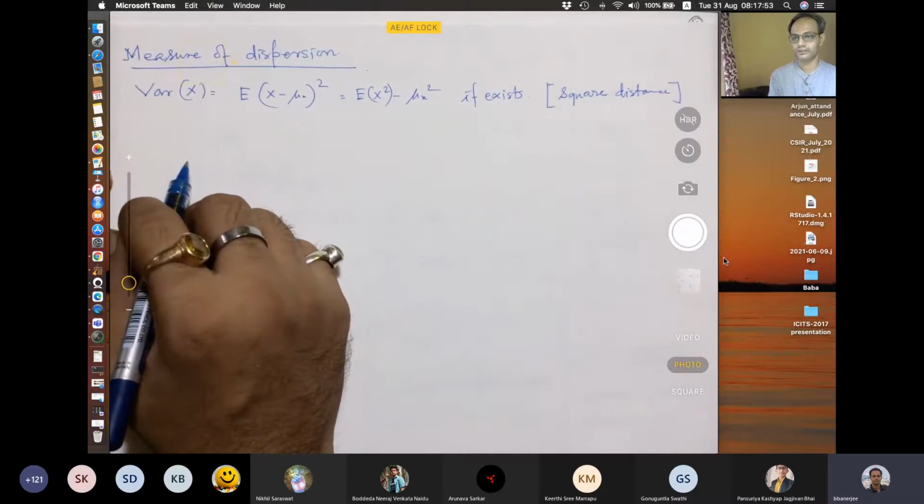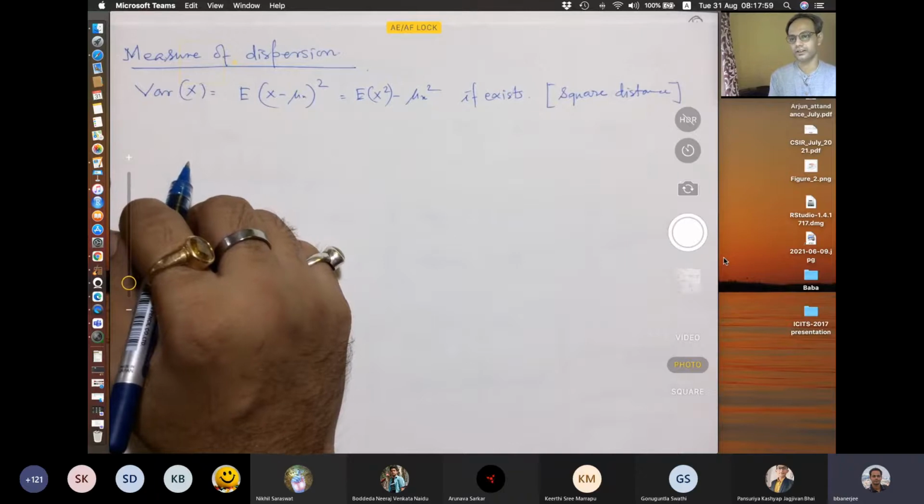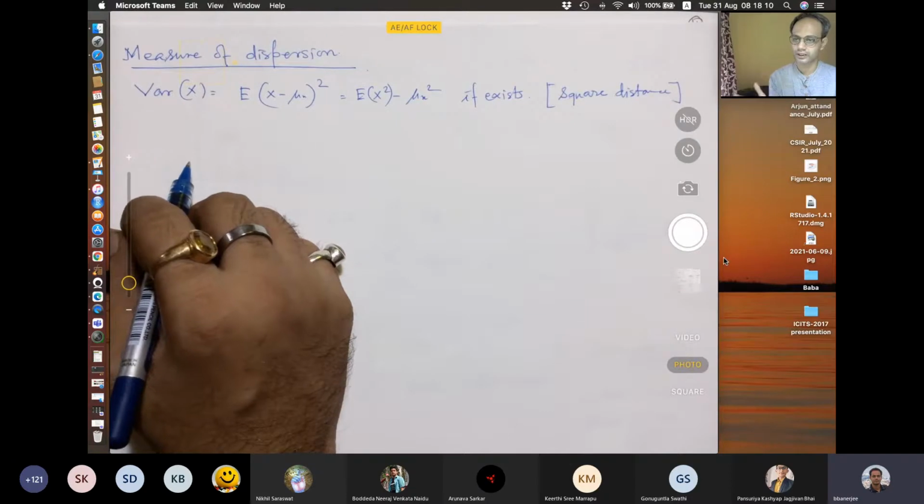Whatever you have studied so far, Euclidean distance or absolute distance, they are not the only ways to define distance. There could be many other ways. Even on the real line there is not much variation, but in higher dimensions, when you go to R^n, there are many different ways of measuring distance, and they are essentially important when you are dealing with statistics.